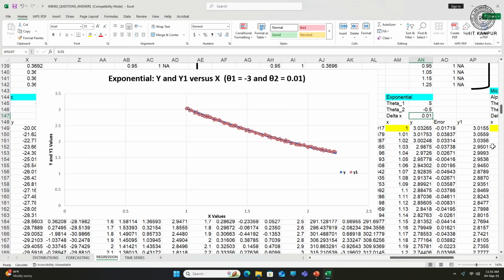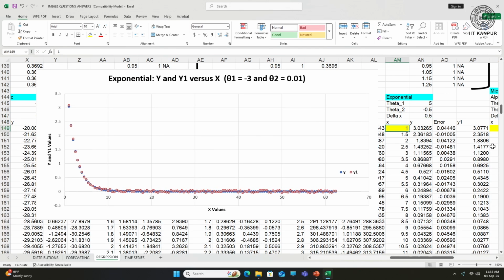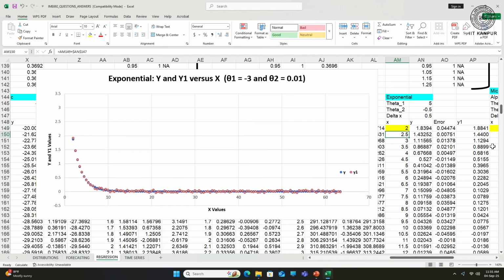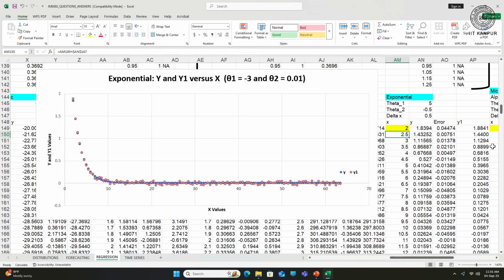If I consider the delta value as 0.5 and the x value starting as, say, for example, 2, here you have the graph with respect to the actual value with the simulated value, actual value being red, simulated actual value, and blue being the simulated best fit line.